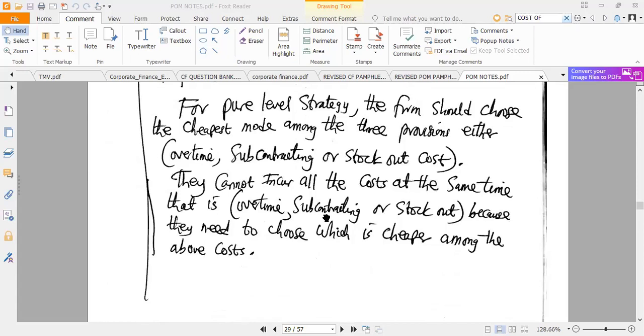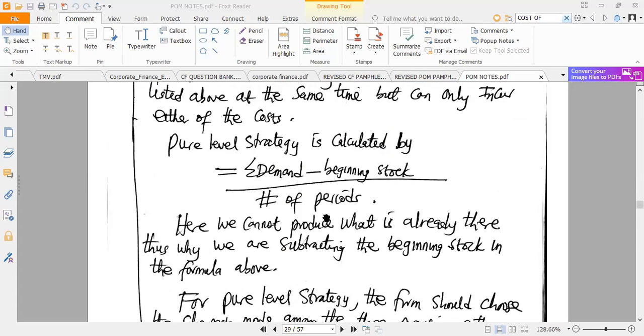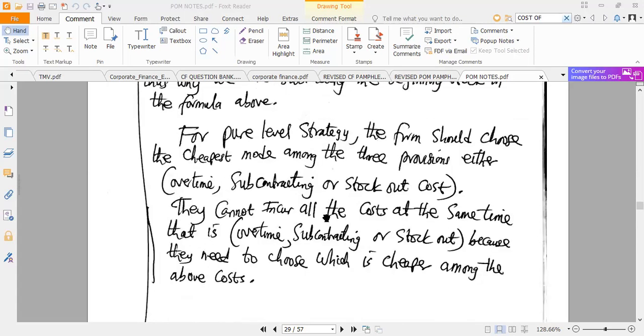Now, for the pure labor strategy, the firm should choose the cheapest mode among the three provisions, either overtime. All right. So if the 20 workers cannot produce to meet demand, it will be possible for the company to allow the 20 workers not to knock off. That's the difference between the chase strategy and the labor strategy.